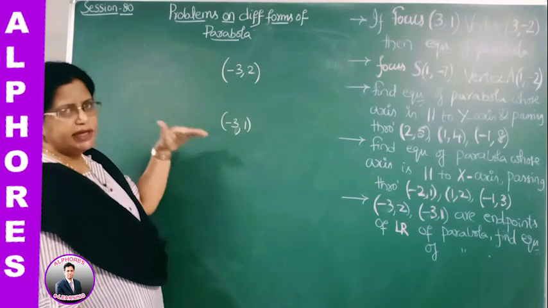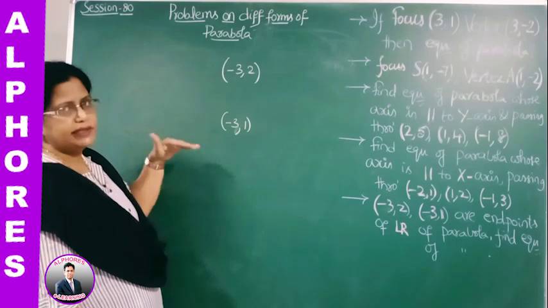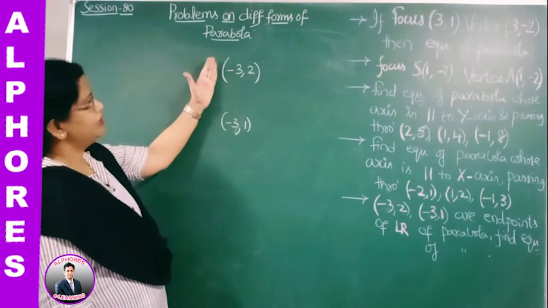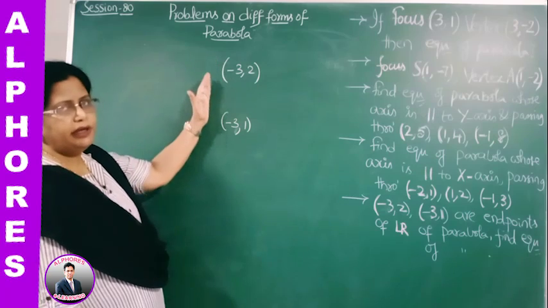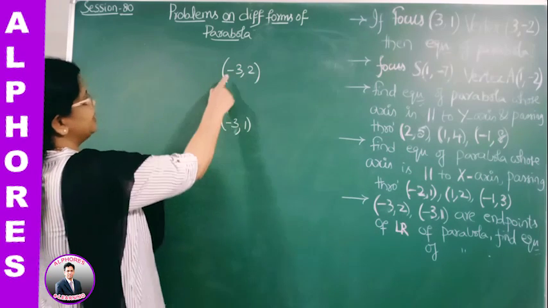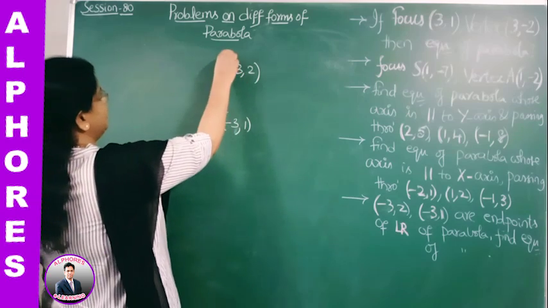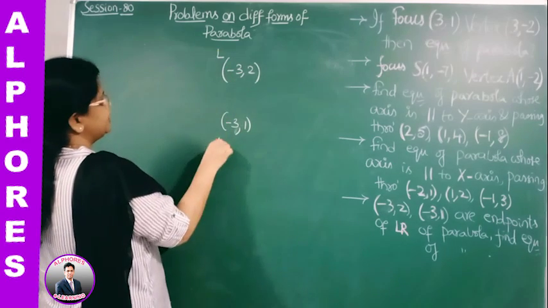The axis is exactly parallel to the x-axis. So the axis is parallel to the x-axis and the latus rectum is exactly perpendicular to the x-axis, because the abscissa is the same. Now if I take this point as L, then this is L dash.